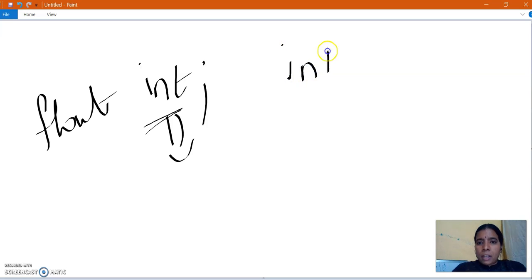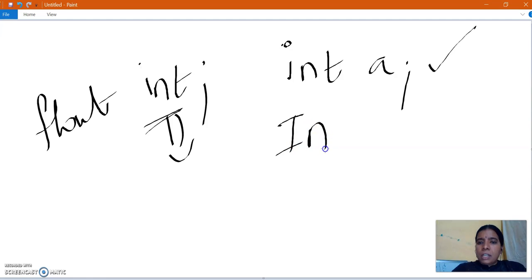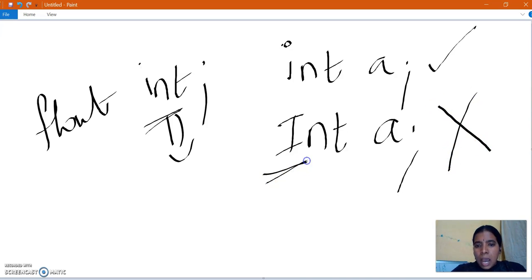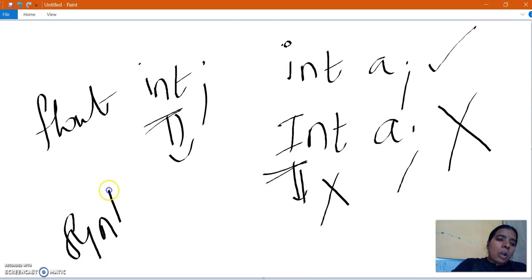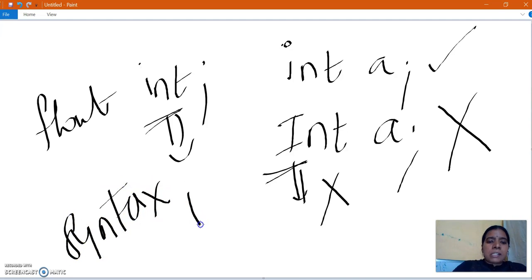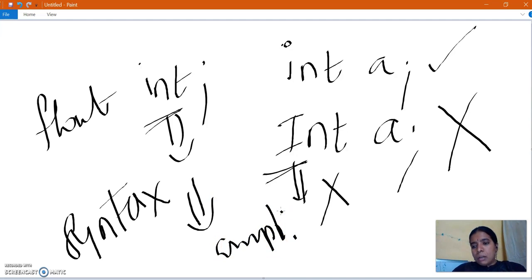For example, if I write int a, this is valid syntax in C. But if I write Int a as a declaration statement to declare a as an integer, then this is wrong because I is capital, which is not allowed and is against the rules of language C. Such instructions which we write against the rules of language C are called syntax errors. Syntax errors are easily identified during compilation of a program because the C compiler easily identifies what is against its rules, so it lists out all those syntax errors.